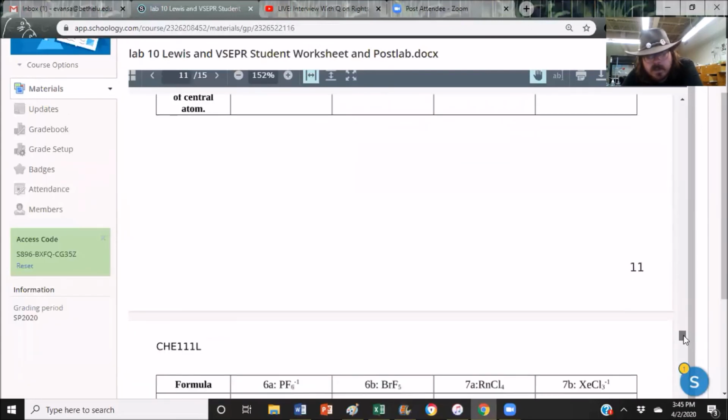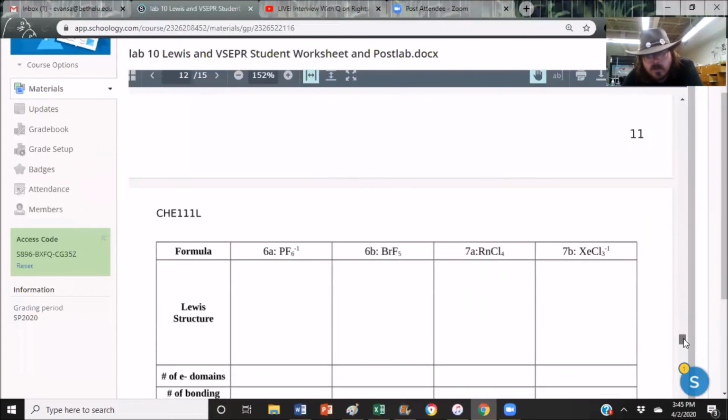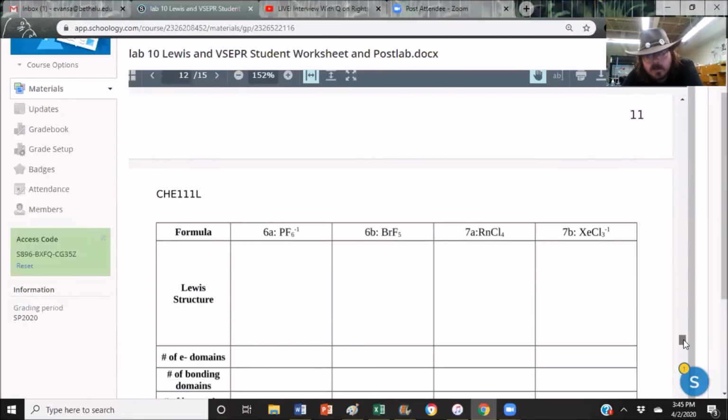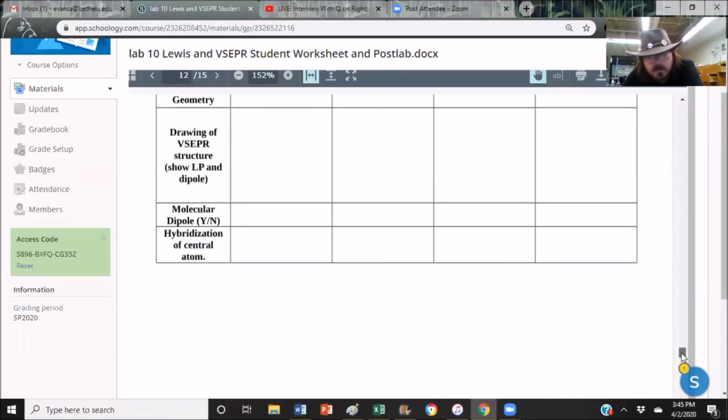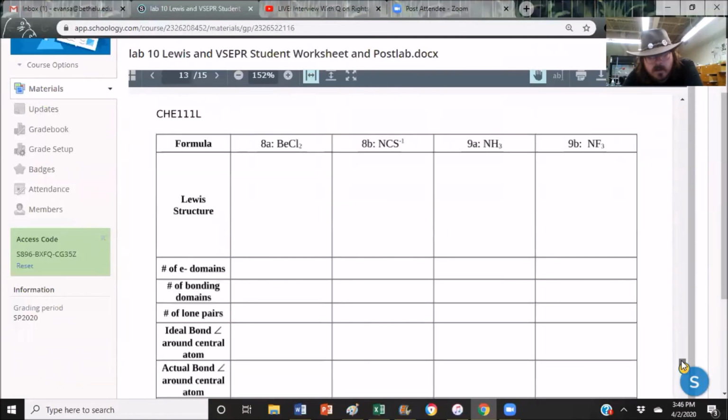Please note, some of these have charges, so you'll add an extra electron when counting those. Phosphorus, bromine, radon, xenon, all center atoms. So you'll work through all these. Beryllium, the center atom; carbon, the center atom; nitrogen, and nitrogen.